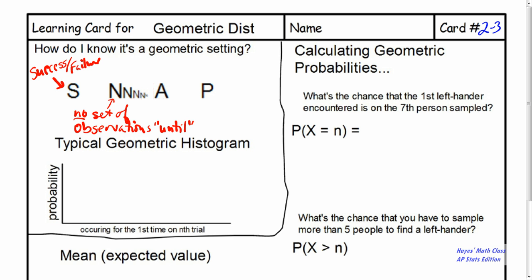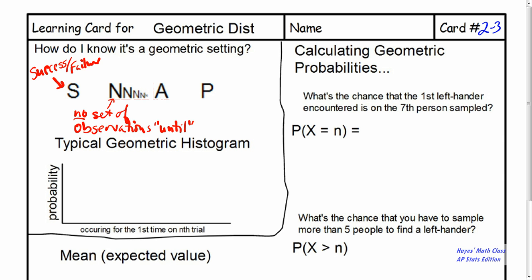So going back to the deck of cards, you've got a 1 out of 4 chance of pulling any particular suit. You might want to say, what are the chances I have to pull 5 cards out of a deck before I get a heart? What are the chances I need to pull 5 or more cards to get a heart? That type of thing. I'll show you a little bit.